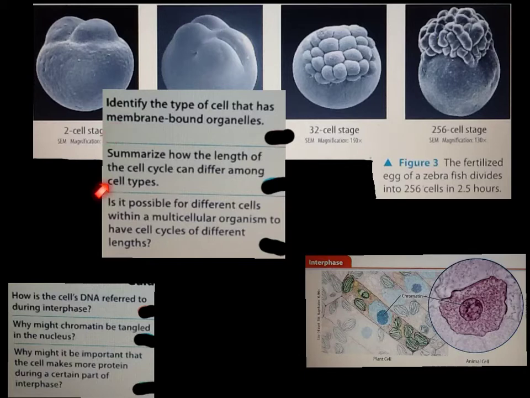Number 2, summarize how the length of the cell cycle can differ among cell types. Number 3, is it possible for different cells within a multi-cell organism to have cell cycles of different lengths? Okay, so now you're going to pick one of these 3 to write down in your science journal and answer the question, please.